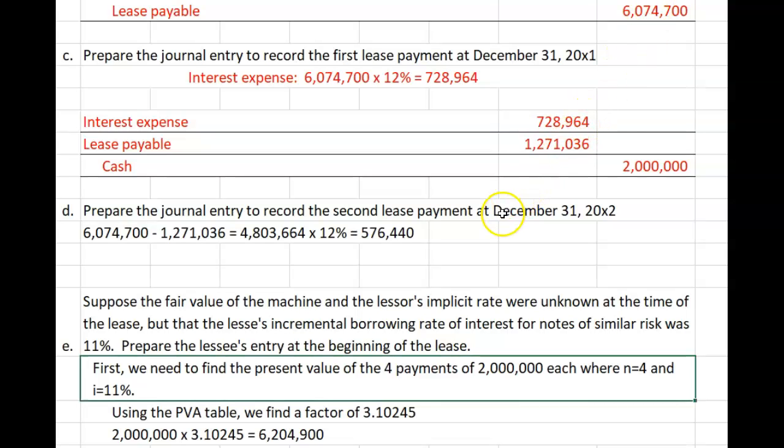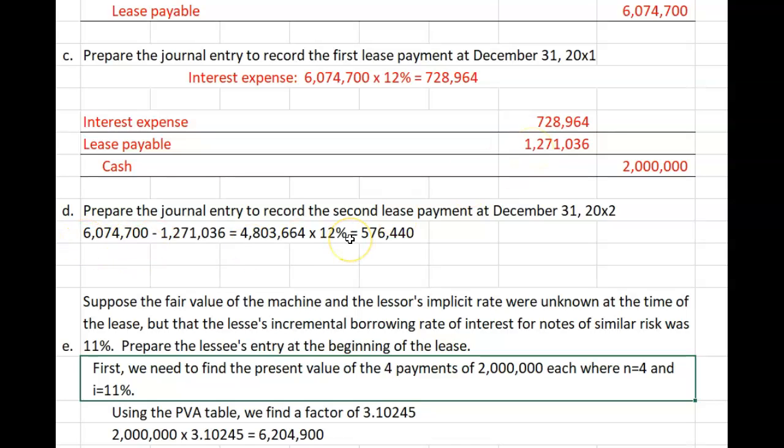When we calculate our interest for year 2, you need to reduce the $6 million and change liability at the beginning of the lease by the amount that you reduced the principal balance of the lease in year 1.